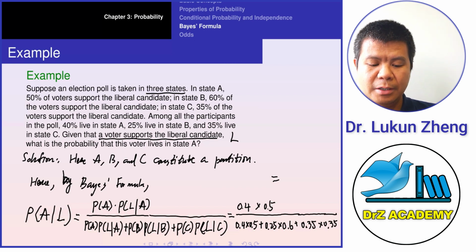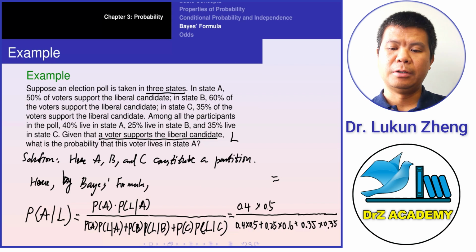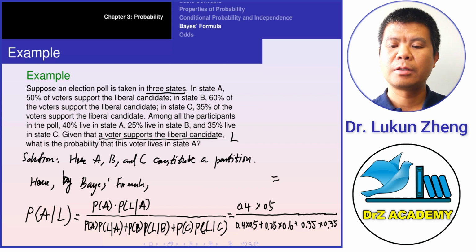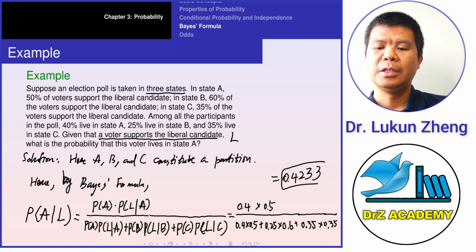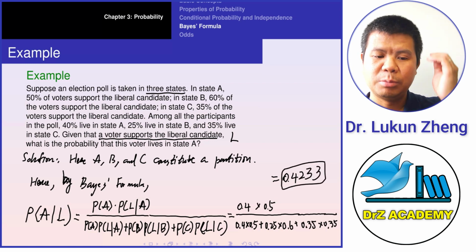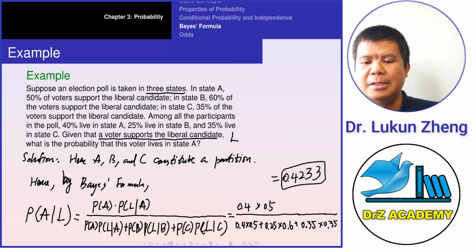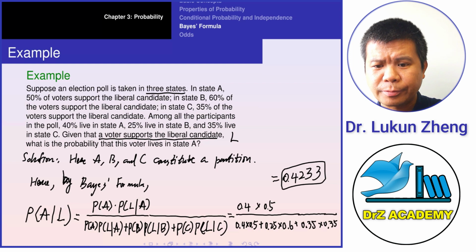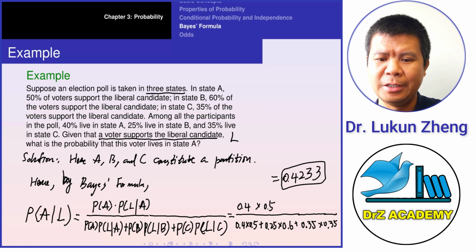Close the parentheses, and here we go. We got 0.423 if we round to 3 decimal places. So now we have P of L given A is 0.4233.